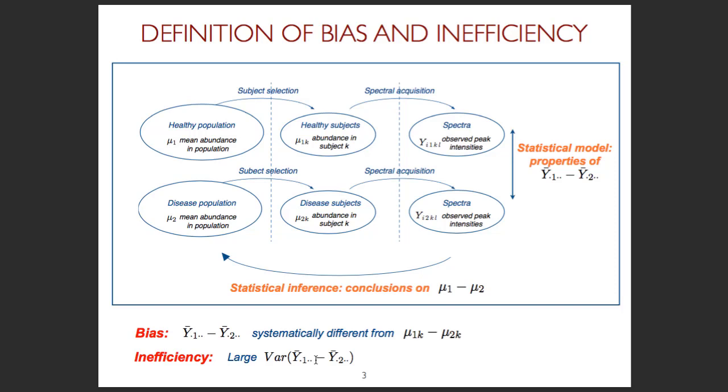Oftentimes, we cannot afford a very large number of biological replicates, especially in pilot studies or initial screening experiments. If the experiment has a small number of replicates, then each mean in each group can have quite a bit of variability. If we repeat the experiment with the same number of replicates, we may have a somewhat different value.